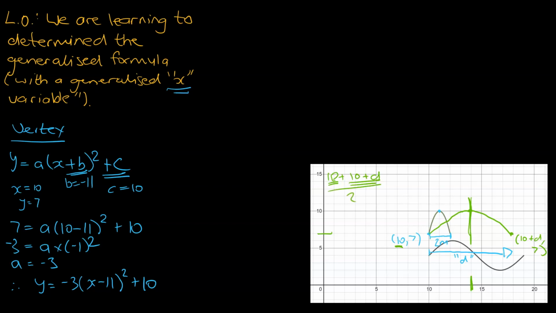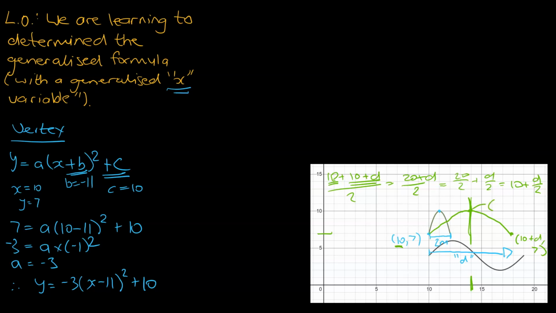We're then going to divide that by 2, and that becomes (20 + d) divided by 2. So that's the x value. You could also simplify that again. That could be 20 divided by 2 plus d divided by 2, which is 10 plus d divided by 2 as well. So you can use whatever one. I'll use that last one just to make the maths easier later on.